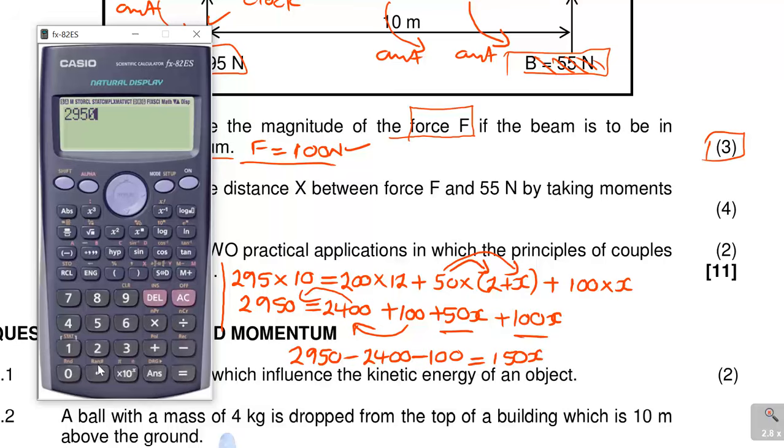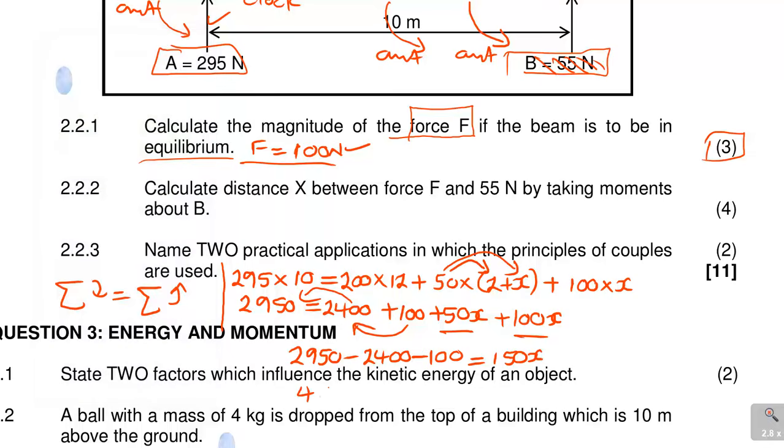So when you simplify, finally you will have 2,950 minus 2,400 minus 100. If I do that, it gives me 450 is equal to 150x.